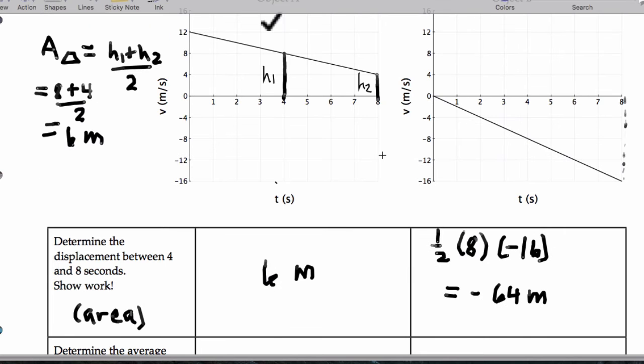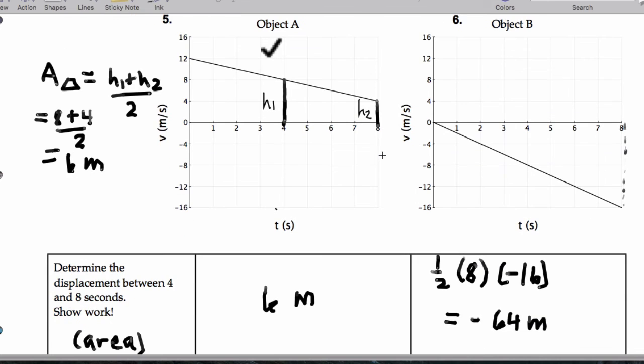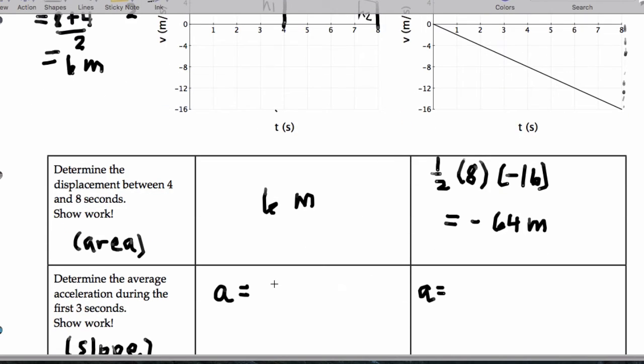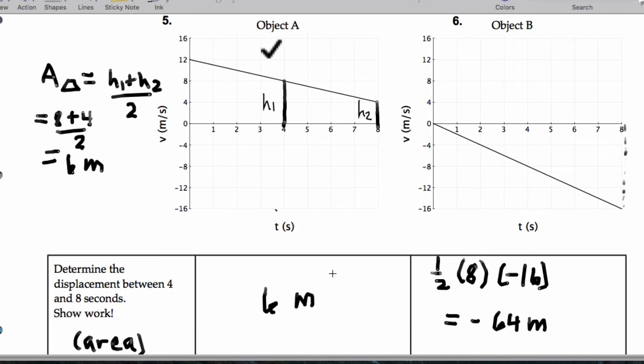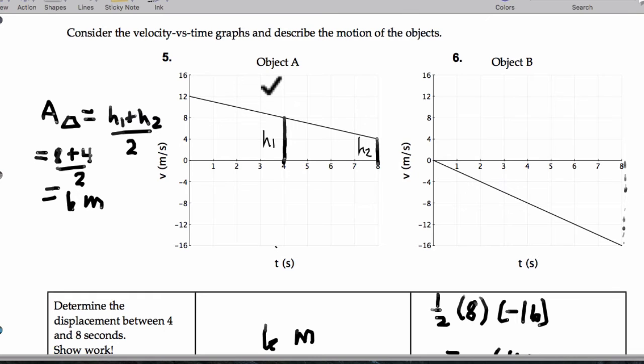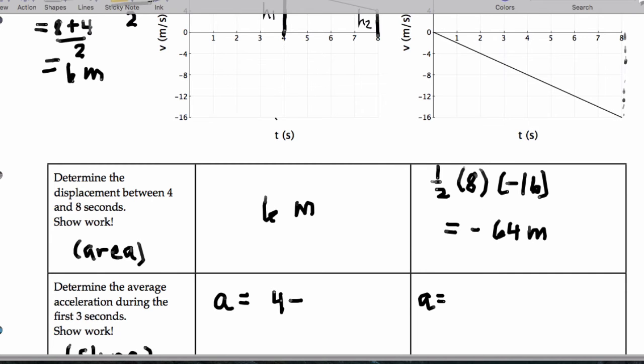So for this one here, we wind up at 4 from a speed of 12. And the time elapsed there is 8 seconds.